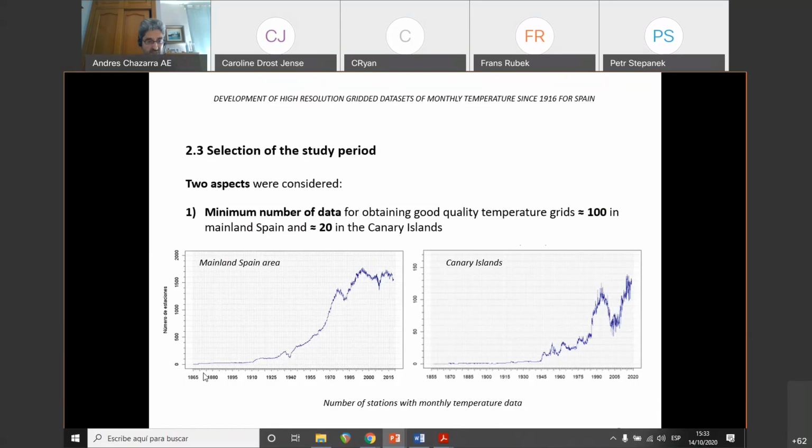And we can see that we have few data in the 19th century, and only after 1910, 1911 or 1912, we start to have more than 100 stations. After that, the number of stations increases for several decades, except in this small period that corresponds to the Spanish Civil War.